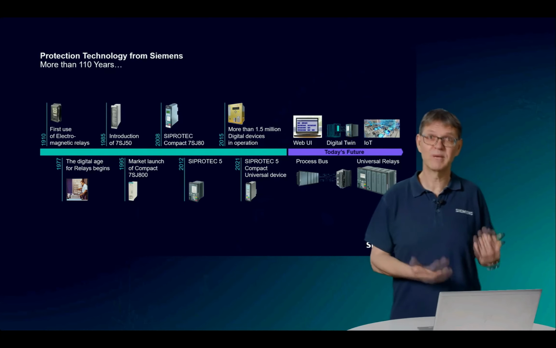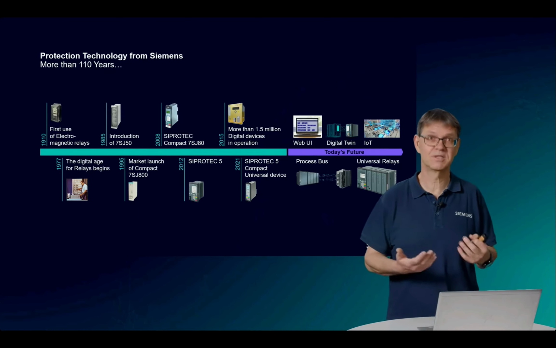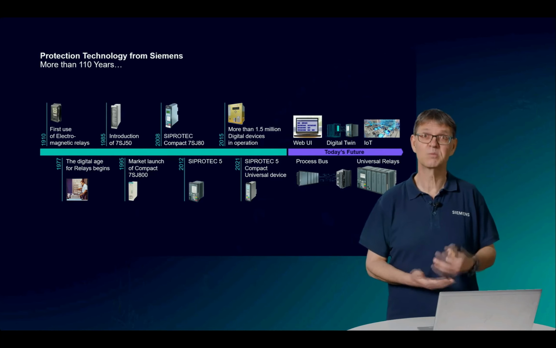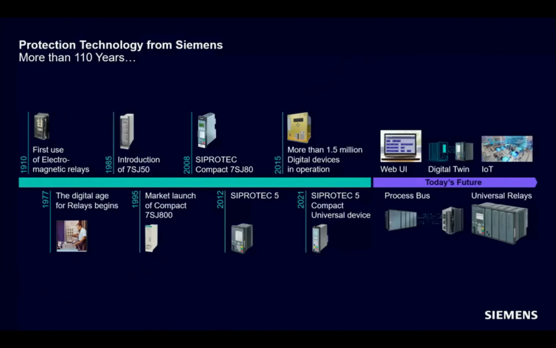First of all, I would like to mention Siemens has a long tradition with protection. It goes back more than 110 years, back to 1910, as you can see here on the slides, and we accompanied the market and the developments, the new features over this time, and we continue to do this, as you can see on the right-hand side of this slide.